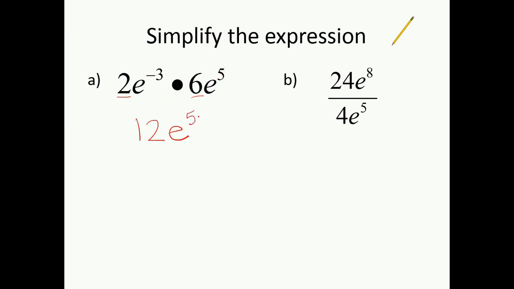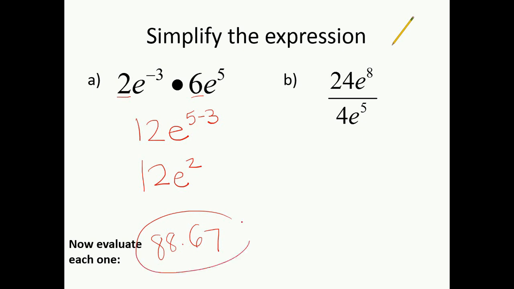So it's going to be 5 minus 3, or 5 plus a -3 if you want to consider it that way. So it'd be 12e to the 2nd. Now, what is that approximately? Well, 12e to the 2nd is approximately 12 times 2.718 approximately to the 2nd. So it actually is 88.67. That is the decimal approximation.